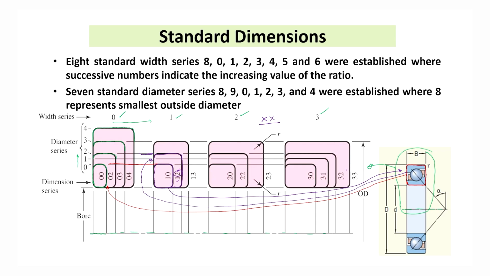Now, see for example, the width series is 3 and the diameter series is 0. When the diameter series is 0, then the diameter will remain the same, but now you see the width.